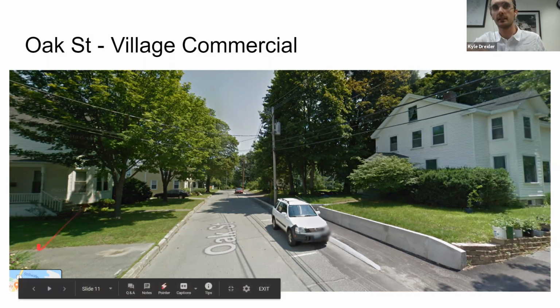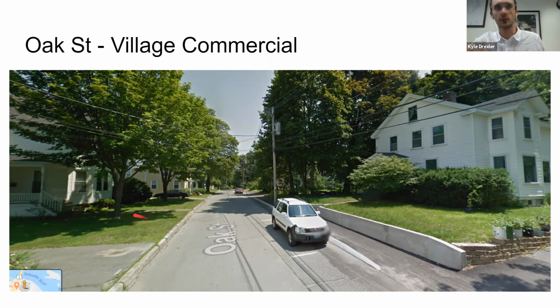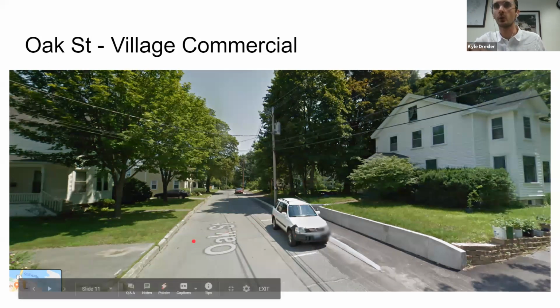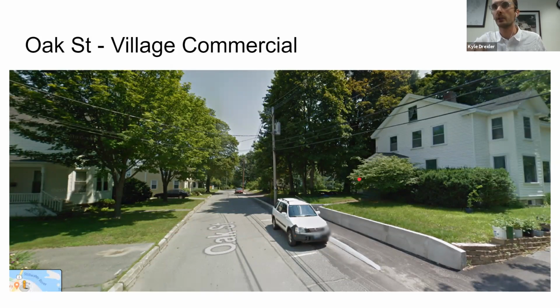And I mean, you can see there's small setbacks, things are close to the street, but they look primarily like residential homes, but it's still the village commercial. So, I mean, at any moment, one of these homes could be turned into an office or a retail store if they wanted to, or they could have a dwelling unit with an office on the first floor, something like that.